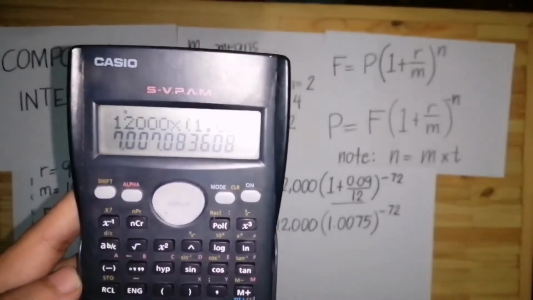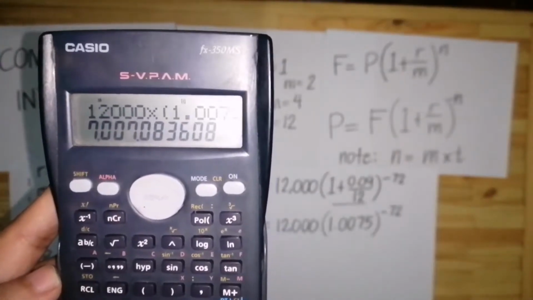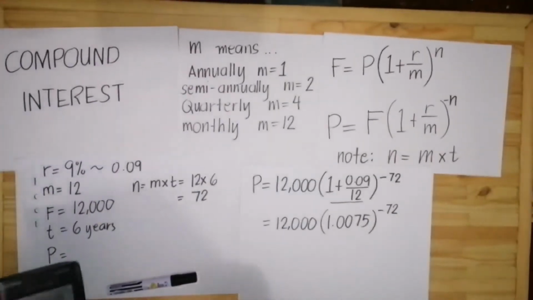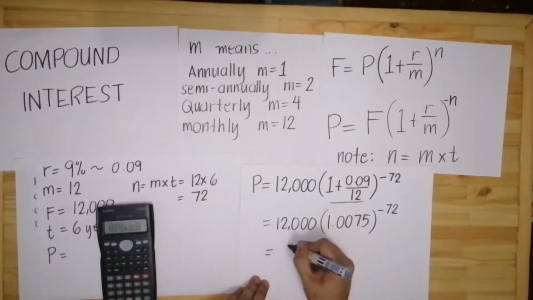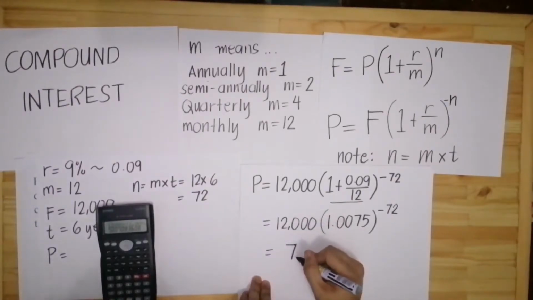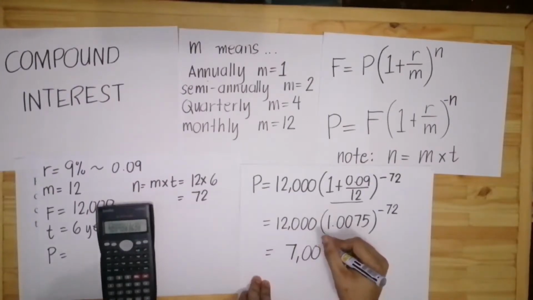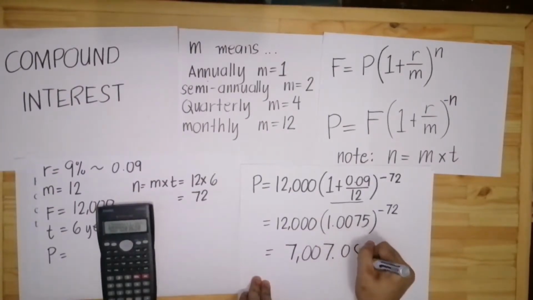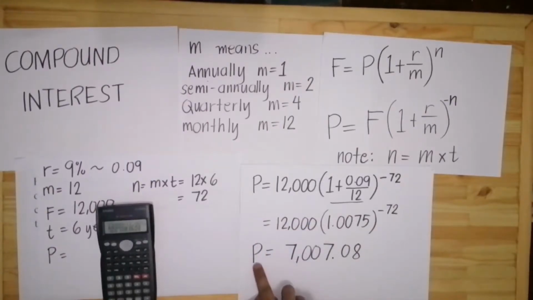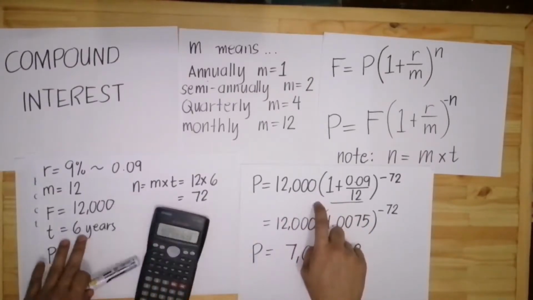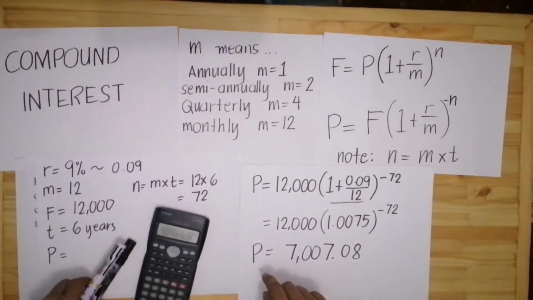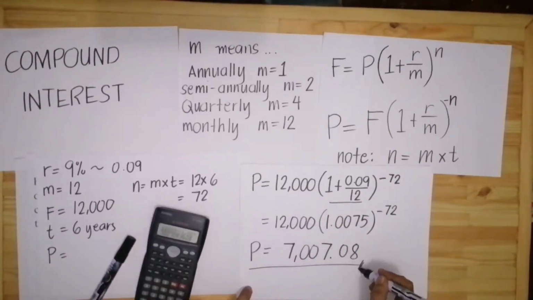The answer is 7,007.08. If you could notice, class, the present value is less than the future value. Kasi ito yung i-deposit mo, magiging 12,000 siya. From 7,000, magiging 12,000 after 6 years. Okay? So, that's how you get the present value.